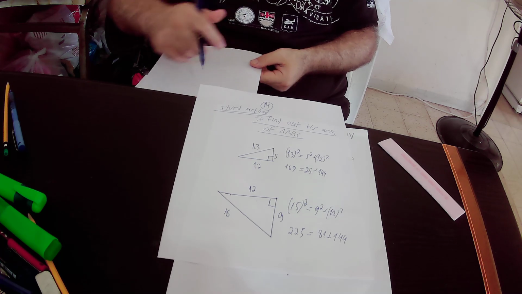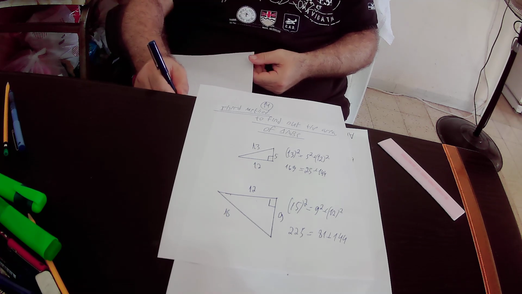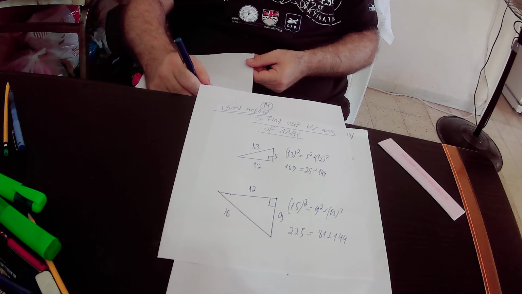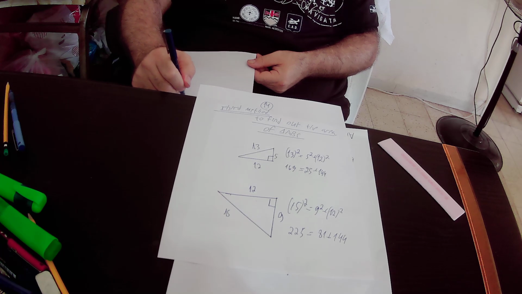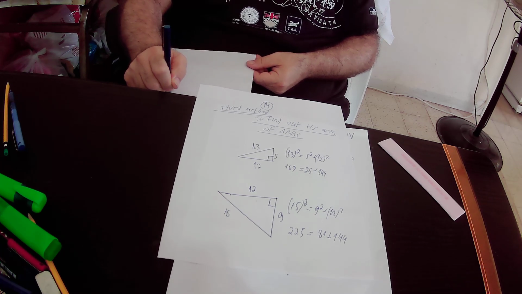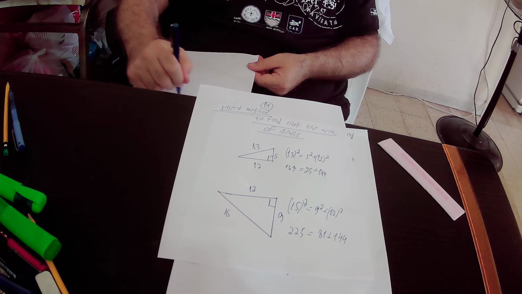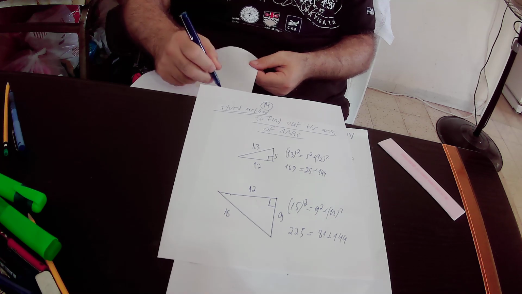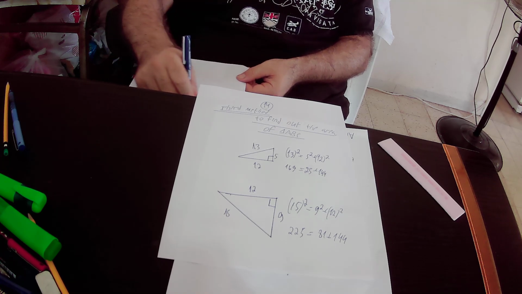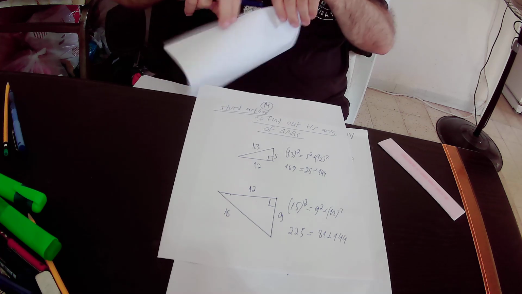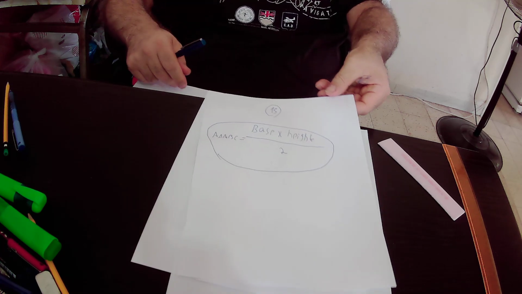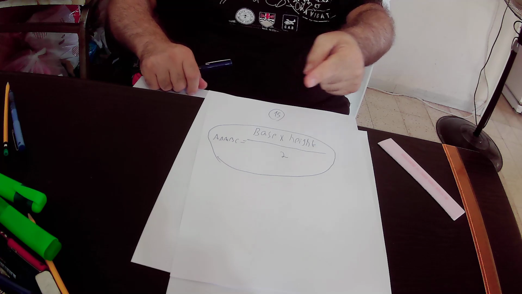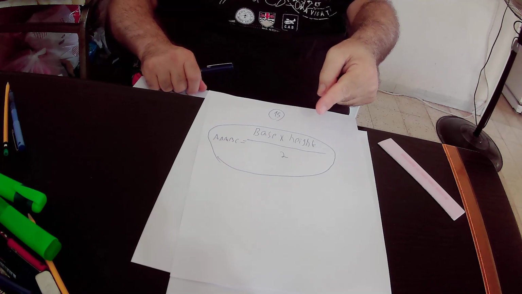Because as I have already mentioned, the area of any triangle equals the base of the triangle times the height to the base over 2. So the area of triangle ABC equals the base of the triangle times the height to the base over 2.